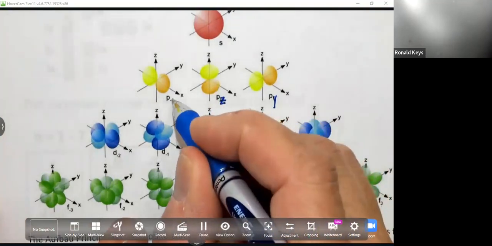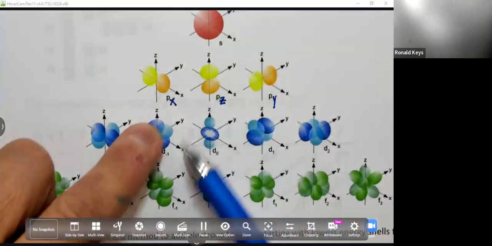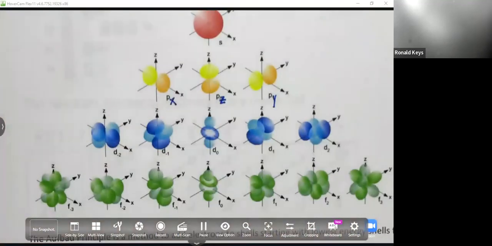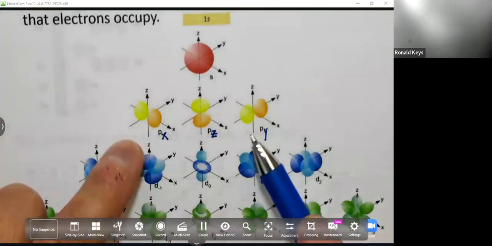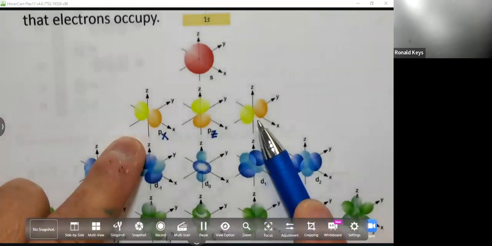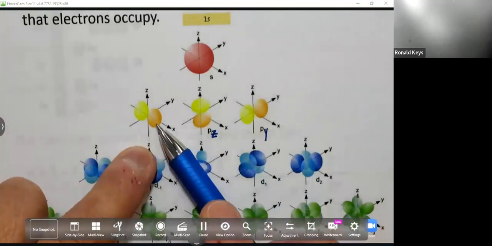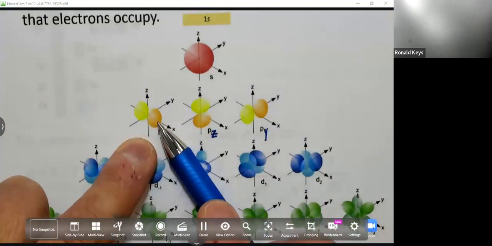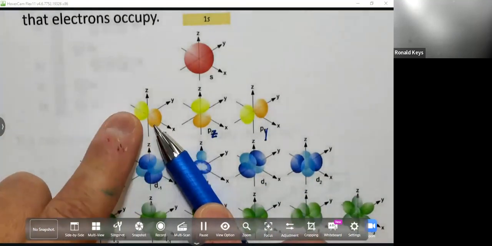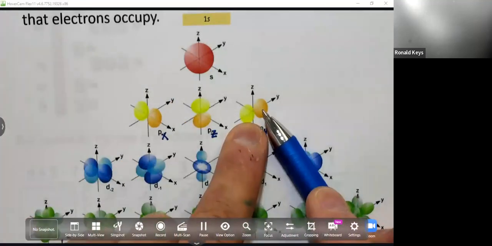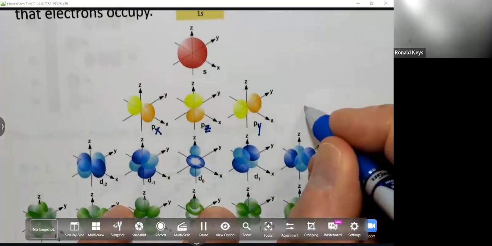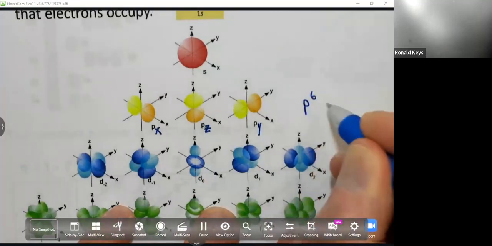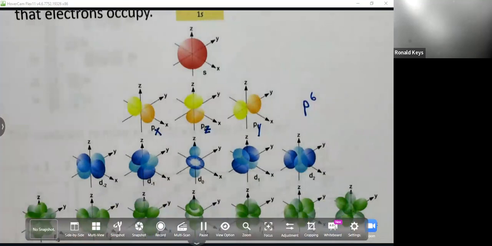They're orientated along the 3 axes, the x, the y, and the z. Those start at energy level 2. So from 2 to 7, we've got the p sublevels. These are orbitals again. How many electrons can I put in each orbital? 2, 2, 2. How many total p electrons can I have? 6. And we would write it like that. We put a 6 up above.